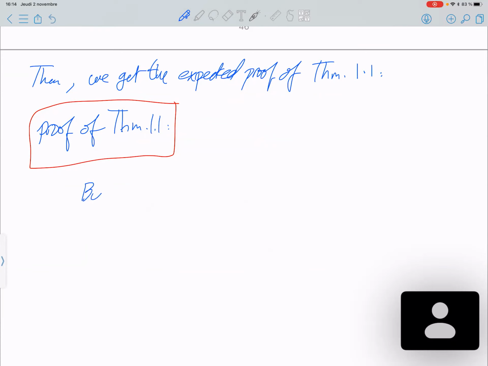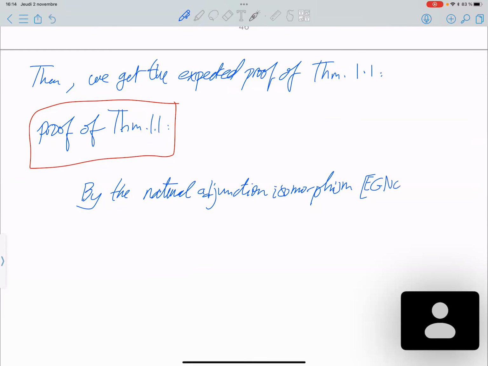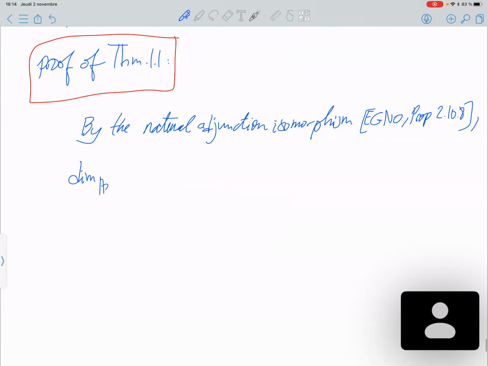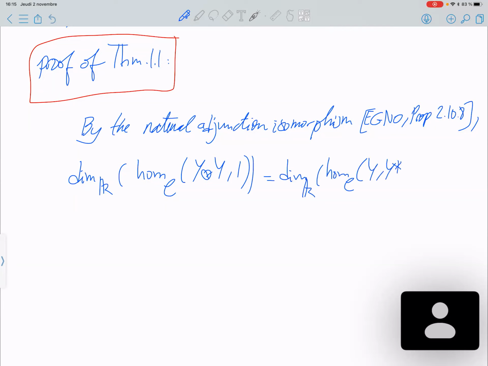So by the natural adjunction isomorphism, which you can refer to in the previous semester or the textbook, proposition 2.10.8, the dimension over the field of the Hom space of Y tensor 1 to 1 is equal to the dimension of the Hom space of morphisms between Y and Y star.